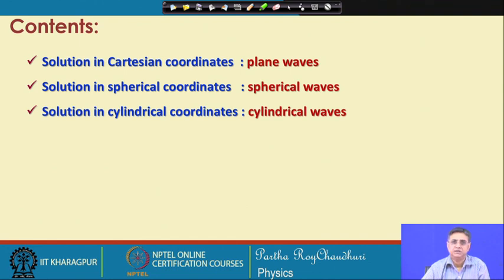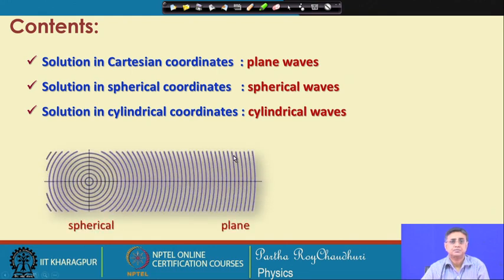So, these are the main three categories of electromagnetic waves, which are the direct outcome of the solutions of Maxwell's equations, the wave equation. You may recall that if you have a point source, then immediately around this point source there are spherical waves, but as you move away from these spherical waves, the curvature becomes less and less and you end up with a plane wave.